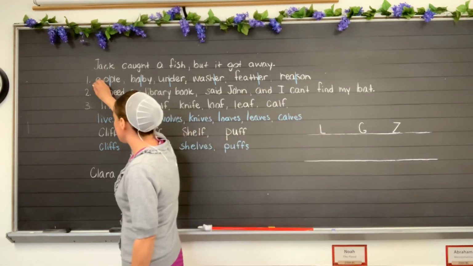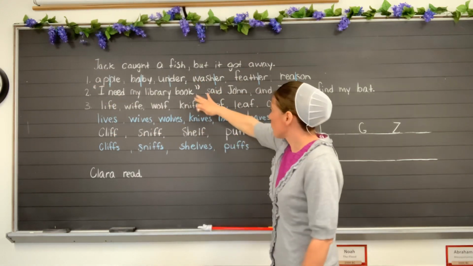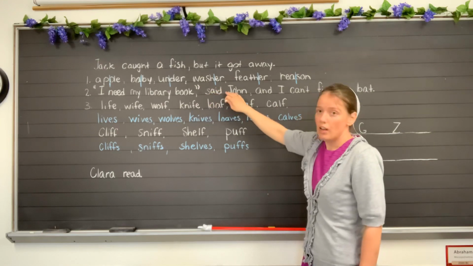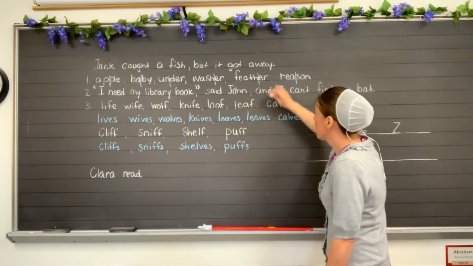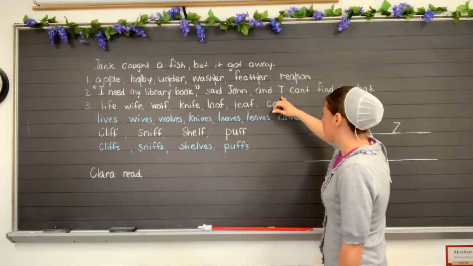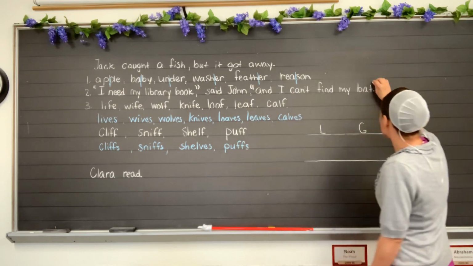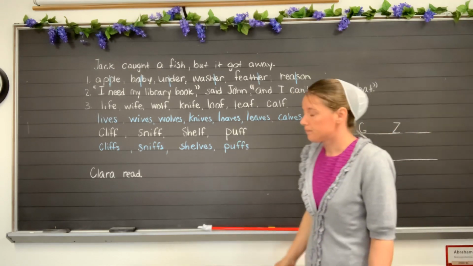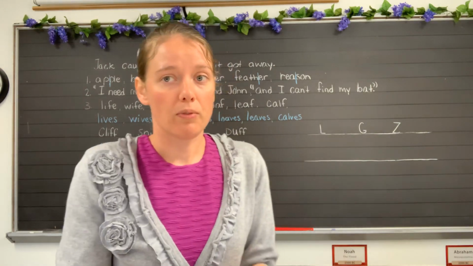So he started talking here with, "I need my library book," and there's where we put the others. Said John is not the words that he said, so we will just leave that. And then he started speaking here again with "I can't find my bat," so we'll just put quotation marks around there again. Okay, so yeah, follow your directions for today.